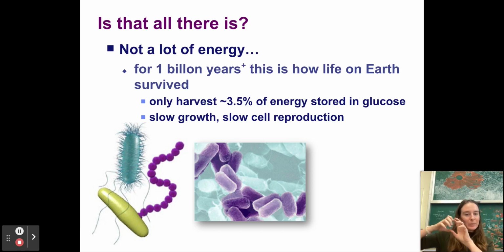Think of it like taking your sponge and only taking a tiny bit of water out of it. There's still so much left in the sponge, right? So that's the downside. What that resulted in is slow growth and slow cell reproduction. So the prokaryotes grow more slowly and reproduce more slowly than they could if they could harvest all the energy from glucose.